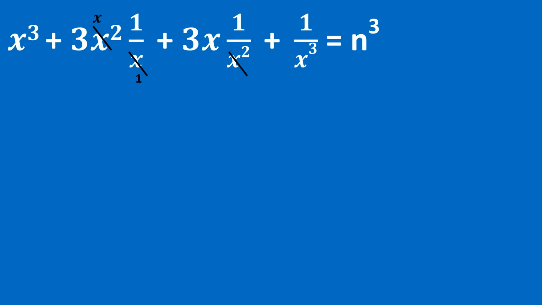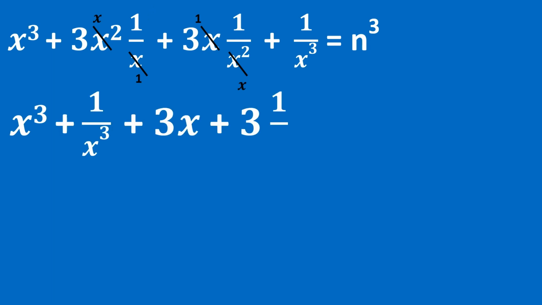So we will just be writing out the simplification, and the simplification gives us x cubed plus 1 over x cubed plus 3x plus 3 into 1 over x is equal to n raised to power 3. Remember, we took the first value here, and then we took this last value here and placed it here as the second value.